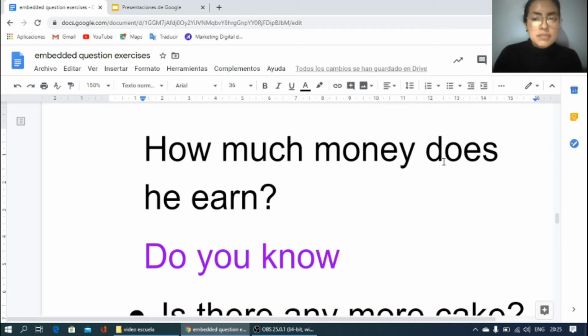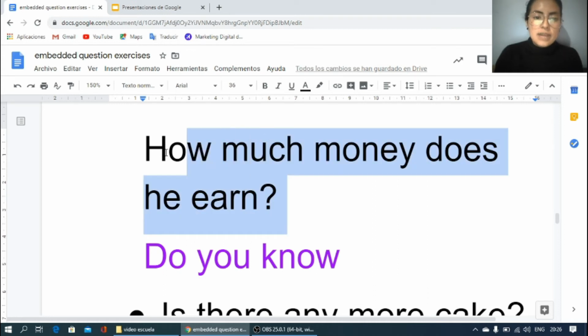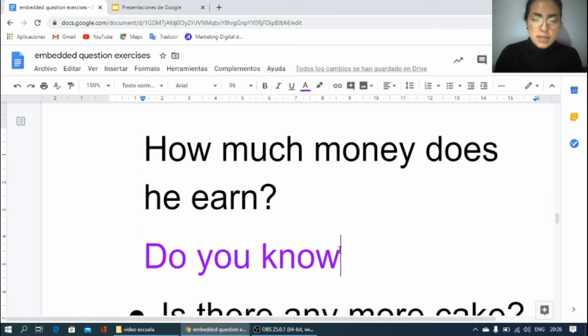In present simple, you use does, the auxiliary does, for the third person: he, she, and it. Okay? Only in questions and negative sentences. But in this case, you have to use does. But when you make a sentence in present simple, you have to put the s in the verb in the third person: he, she, and it.